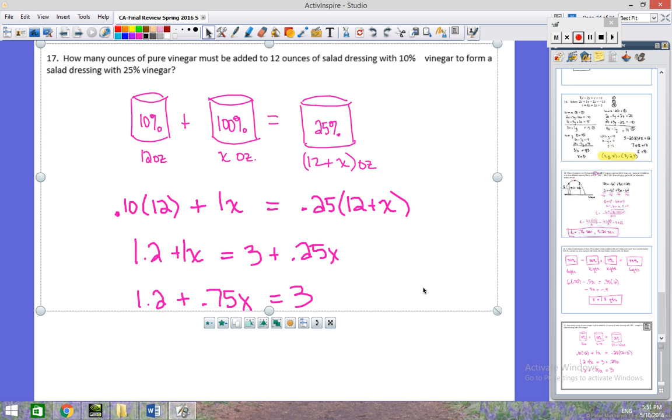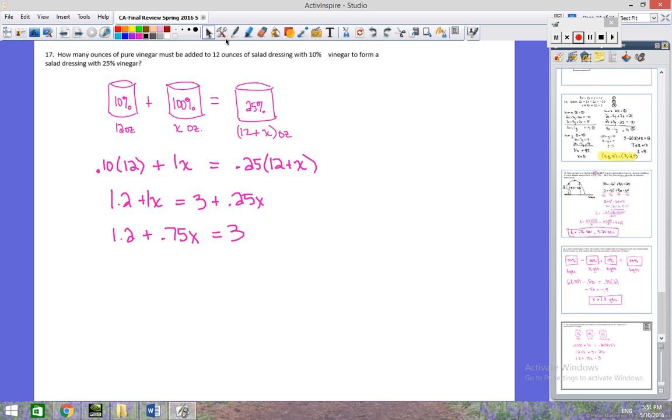Let's subtract 1.2 from each side. And 1.8. Alright, so take 1.8 and divide it by 0.75, and I get 2.4. And that's in ounces, and that's our pure vinegar.